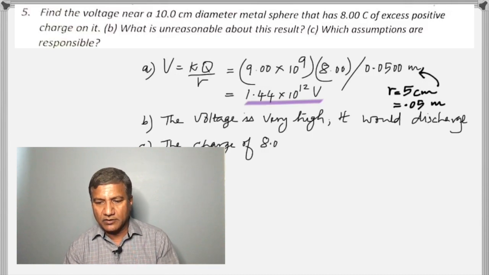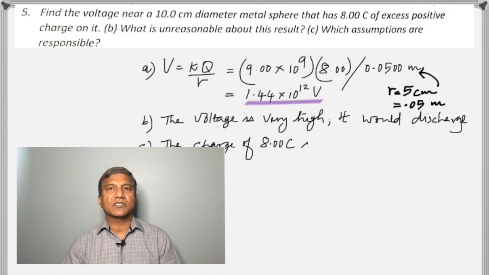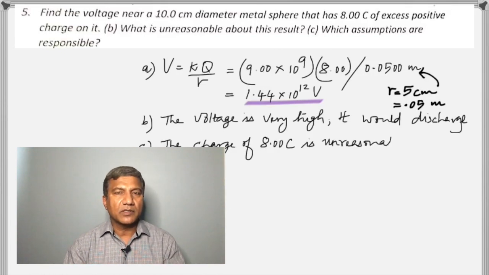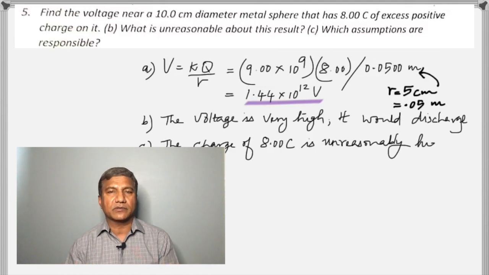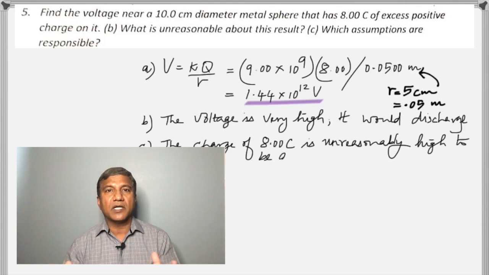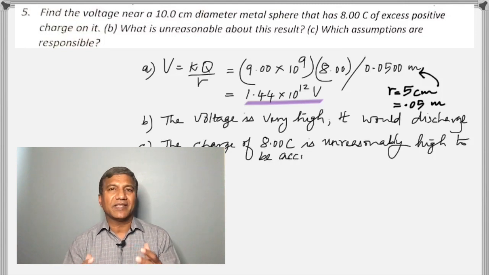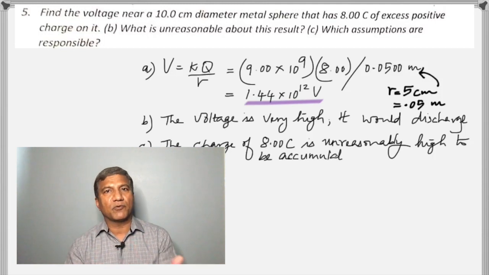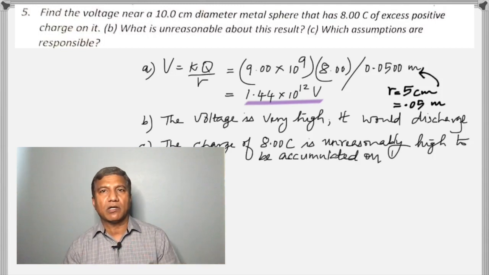And why did we get such a result? It's because we assumed that the sphere has a charge of 8 coulombs. And that's a huge amount of charge. And no sphere can hold that amount of charge, because long before that, like I said, it would discharge.